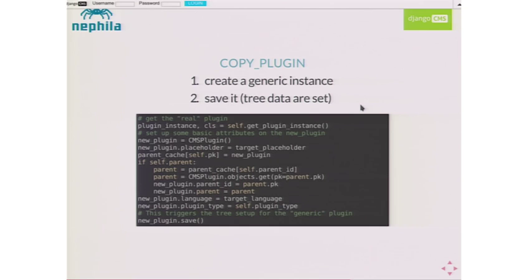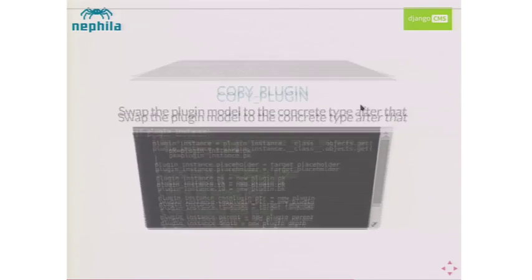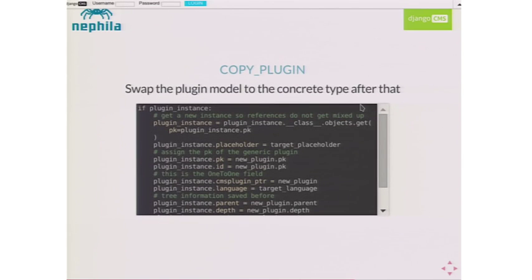As I said before, we try to cache as much as possible in local functions and local attributes, and then save this generic plugin. When you save this, the tree data are created because the position of the plugin in the placeholder is fixed. So you have all the information and the tree is created. So one goal is achieved.